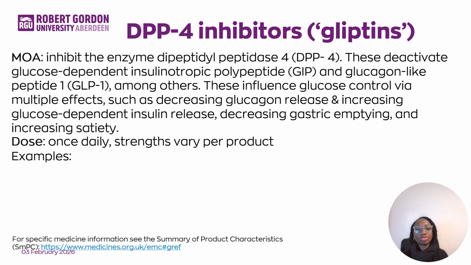These influence glucose control via multiple effects such as decreasing glucagon release and increasing glucose-dependent insulin release, decreasing gastric emptying, and increasing satiety. Most of them are taken once daily, and there are a few of them in the market for you to have a look. That's how they act, and that's where the name came from.